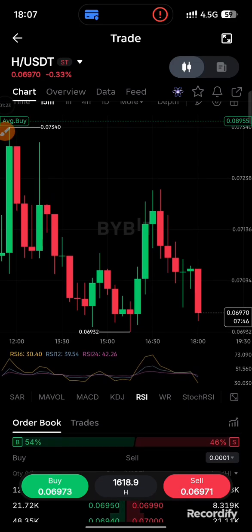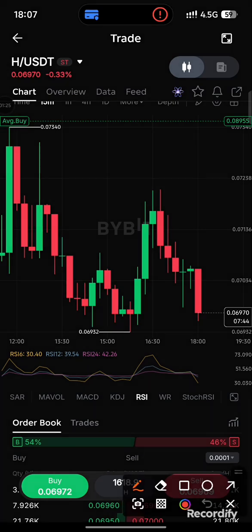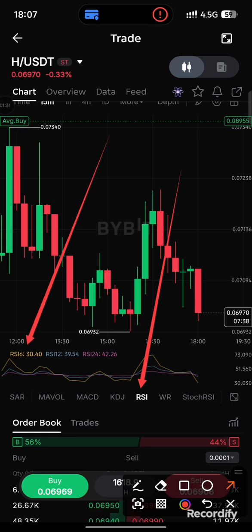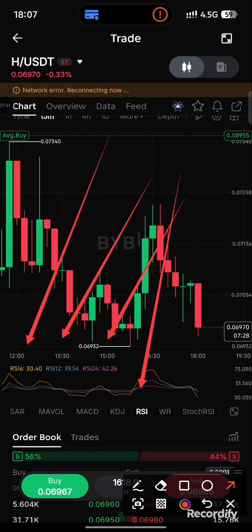Here we are. You must first turn on the RSI. The first RSI 16 is at 30, RSI 12 has 39.54, then RSI 24 has 42.26 respectively, also with different colors.